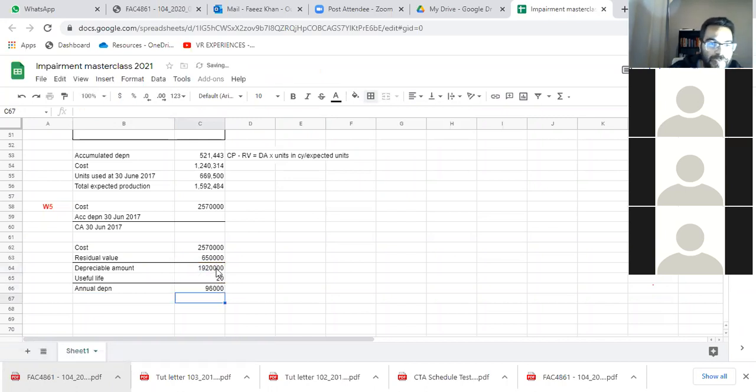I'm not interested in annual depreciation. I'm interested in accumulated depreciation, which is running from 1 July 2013 up until 30th June 2017.